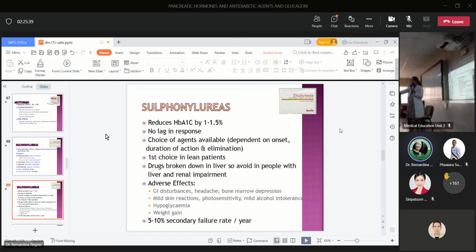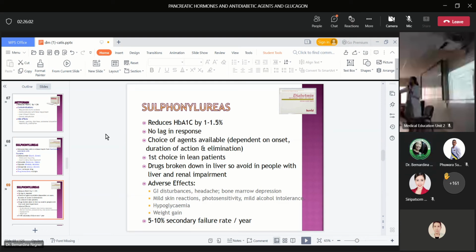This is the first choice in diabetics who are lean or thin. Why? In contrast to your metformin, which you can use if you are overweight or chubby. The opposite effect will be, it can cause what? Weight gain.